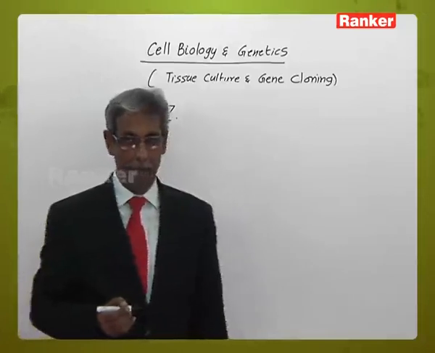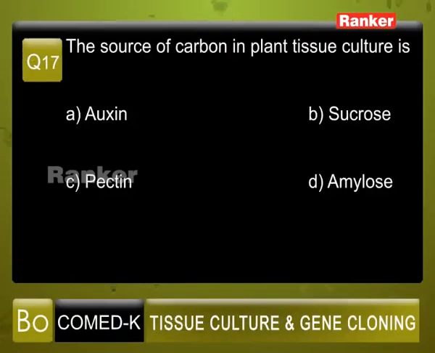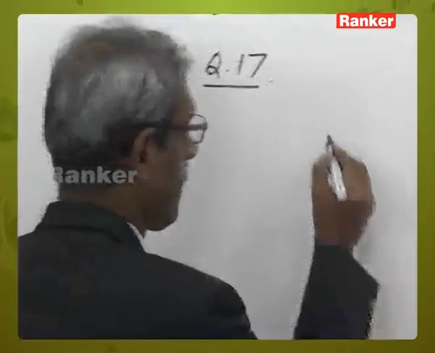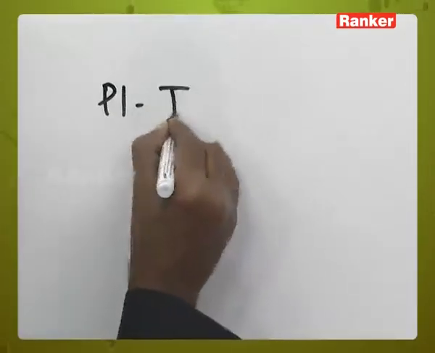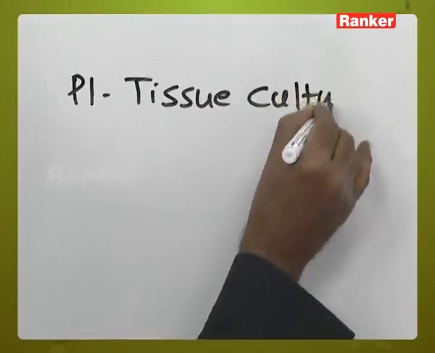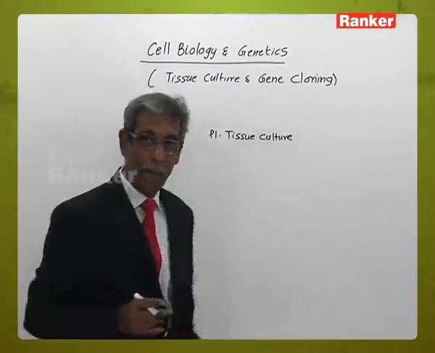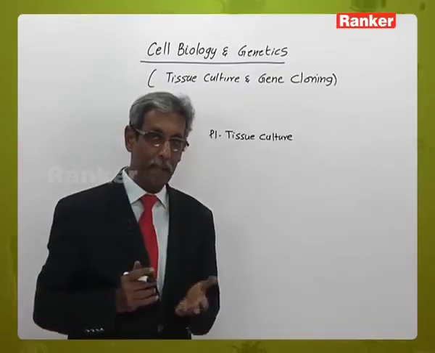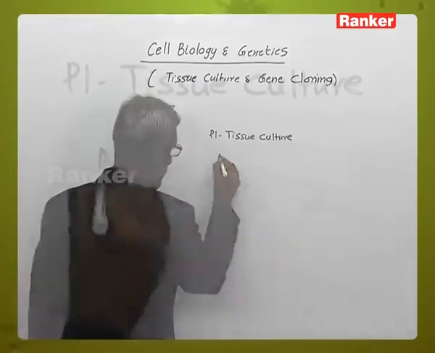Question number 17. The source of carbon in plant tissue culture is A. Auxin, B. Sucrose, C. Pectin, D. Amylose. Whenever we take plant tissue culture, all plant tissues primarily require a medium, and the medium is termed a nutrient medium.